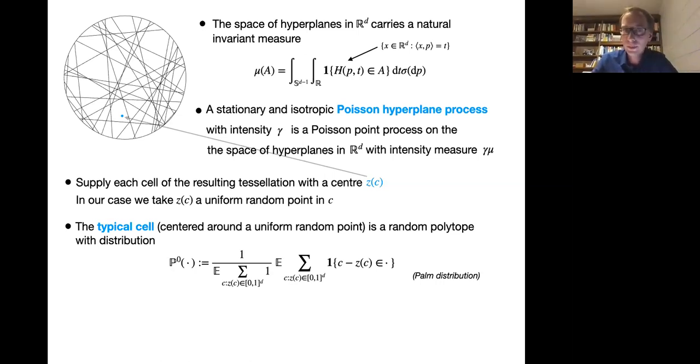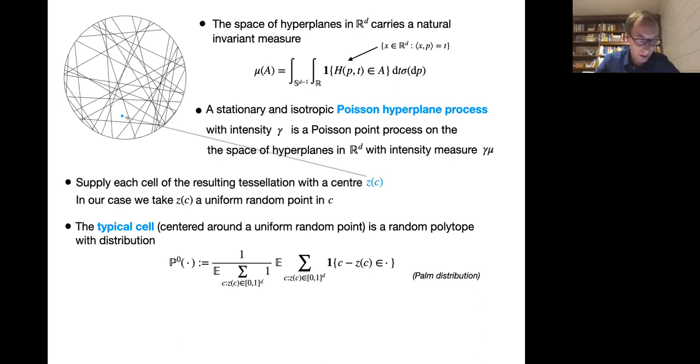And now you do the following thing. You look at the realization of this Poisson hyperplane tessellation in a large ball. Then you see a lot of these blue points here, and you select one of them at random and shift the attached polytope to the origin.